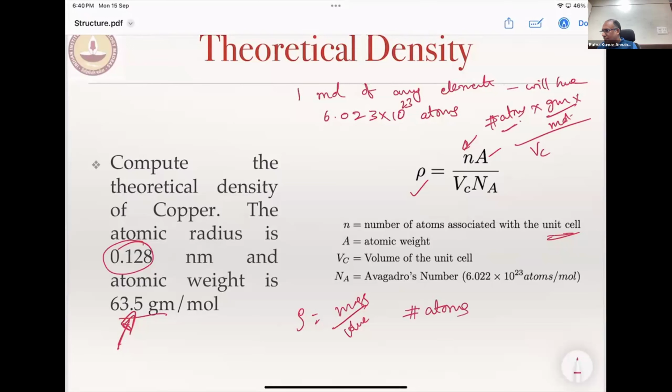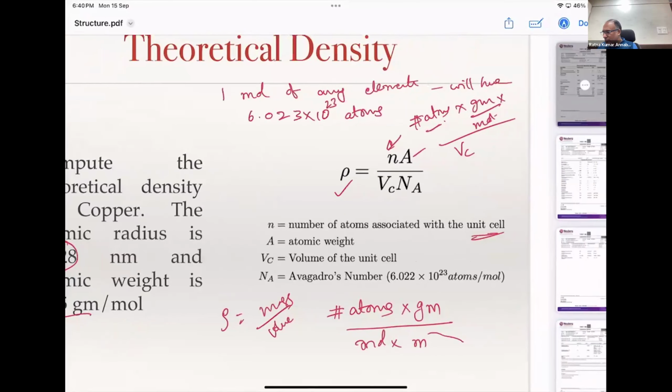Number of atoms into atomic weight in gram per mole, divided by 6.023 into 10 power 23 atoms per mole, into the volume of unit cell in meter cube. The number of atoms and moles cancel and you get gram per meter cube. That is your mass unit for density.